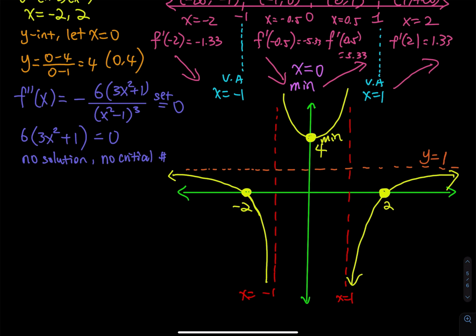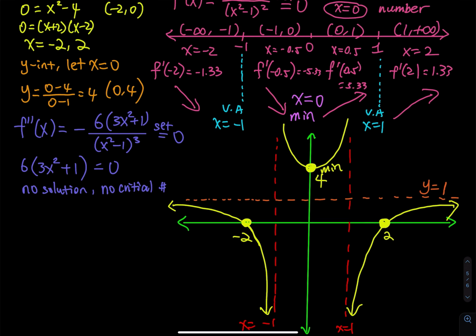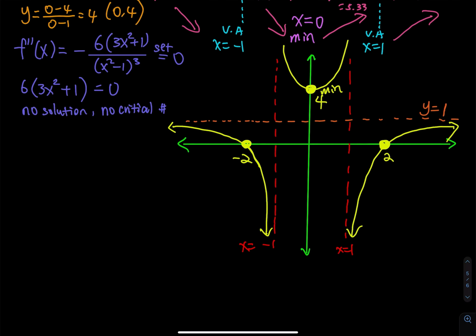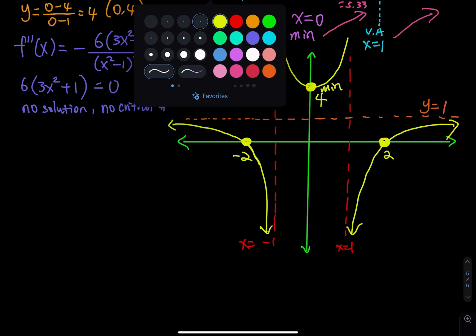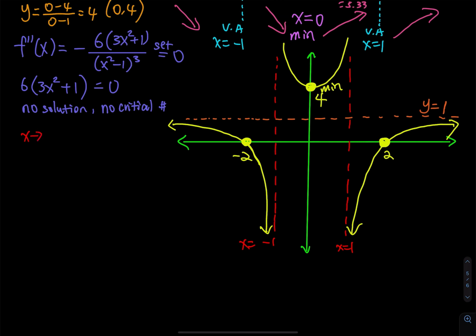And then if you want to say more regarding the behavior when x approaches -1 from the left and x approaches 1 from the right, here is what you can say. Vertical asymptote at 1 and -1. So as x approaches -1 from the left, what do we have here?